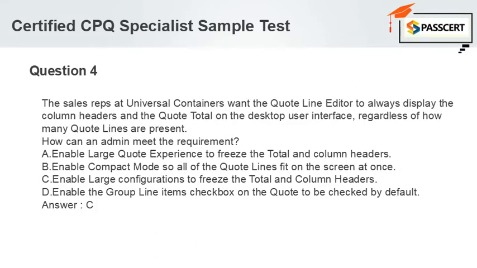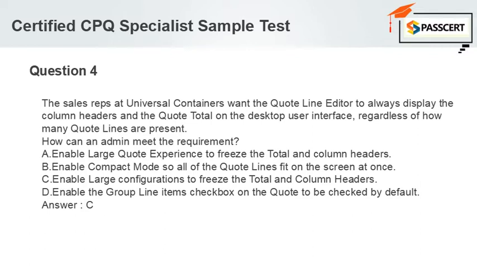Question 4. The sales reps at Universal Containers want the quote line editor to always display the column headers and the quote total on the desktop user interface, regardless of how many quote lines are present. How can an admin meet the requirement? A. Enable large quote experience to freeze the total and column headers.